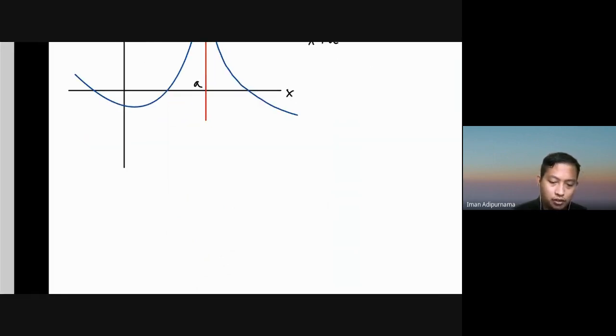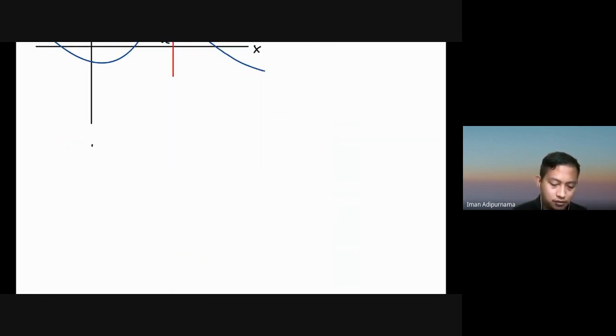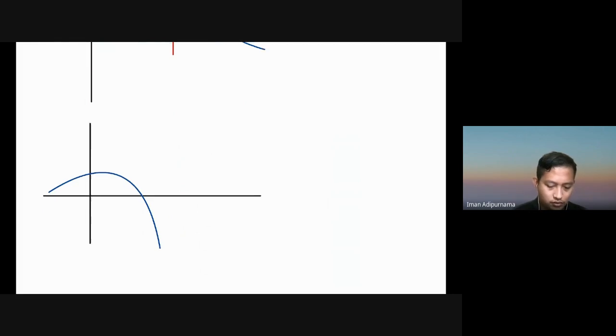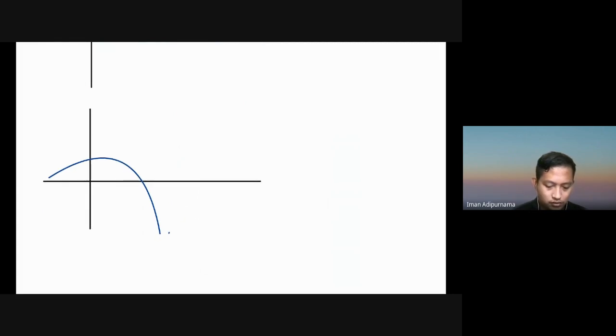And we can also have the case when the infinity goes to the opposite side, right?